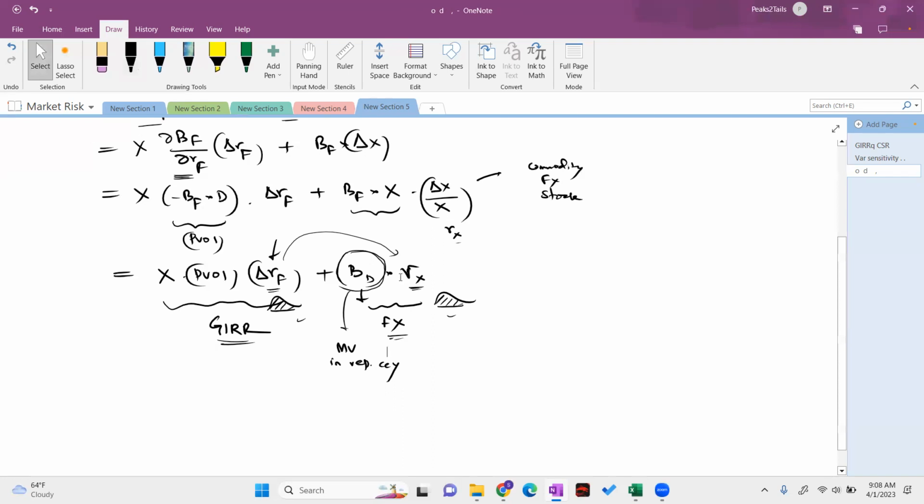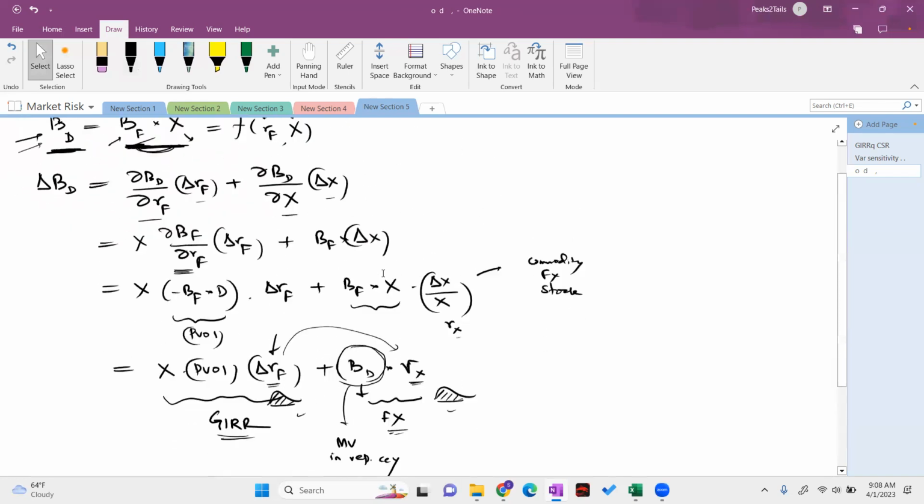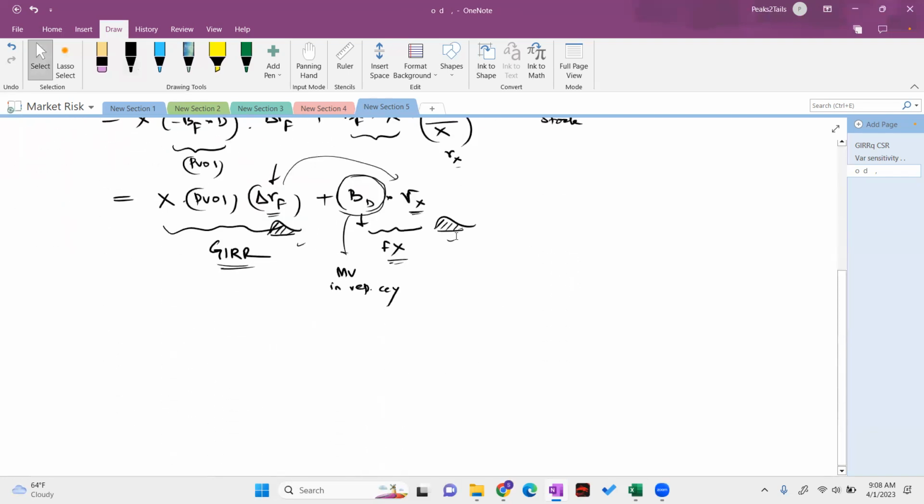See how naturally this came to being. And there is one more step. To make matters very easy, when you are dealing with foreign assets, other than FX, if it is GIRR or equity risk charge or commodity risk charge, just multiply the sensitivity with the current spot exchange rate. That will take care of things. So now I can write this as PV01 dash. That's it. Now I'll forget about the spot rate.